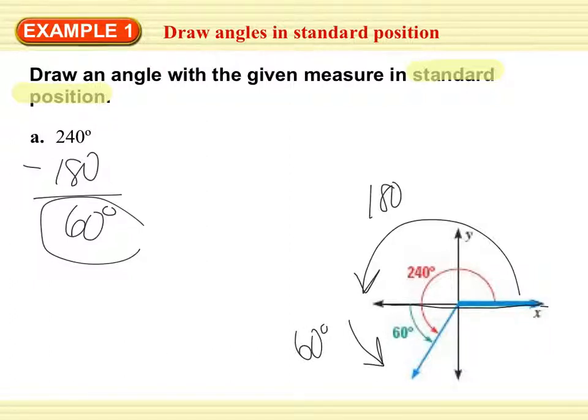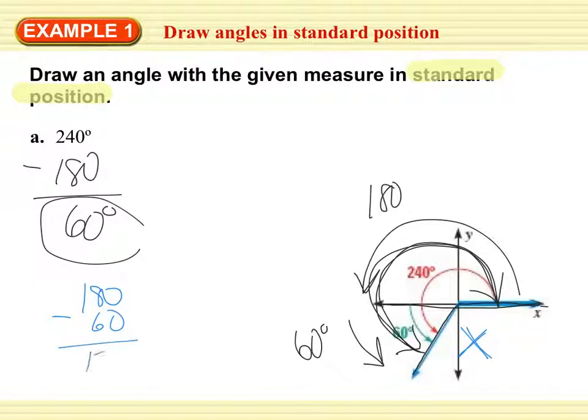So an angle with a given measure in standard position means this is my angle, but it's this part of the angle. Okay, that is my answer, not that part of the angle. This part of the angle is actually 180 minus 60. That little angle is 120 degrees, not what we're looking for.